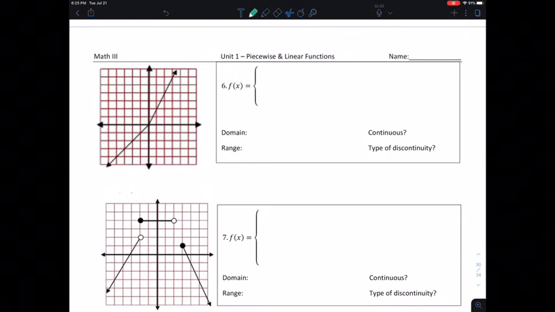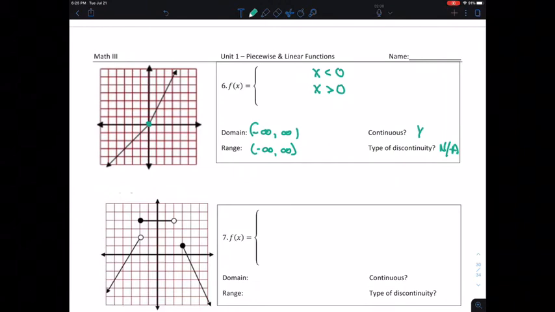Okay, welcome back. For this problem, I'm just going to do these quickly. My domain is negative infinity to infinity. The range is negative infinity to infinity. It is continuous, so it doesn't have any discontinuity. It's broken up at 0. So we have x is less than 0, and we have x is greater than 0.